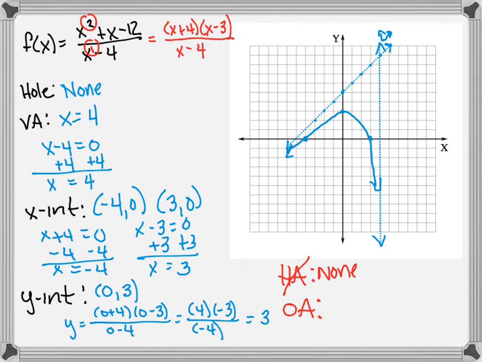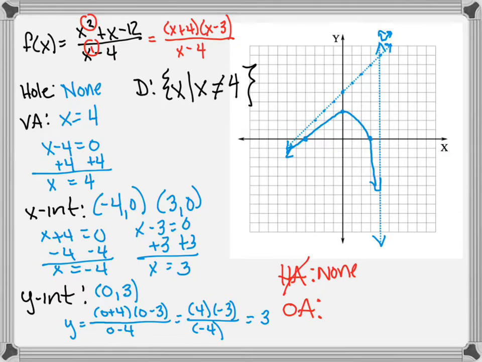And now we'll go through and identify our domain and range. So for our domain, the only x value that we will exclude is where we have our vertical asymptote at x equals 4. So the set of all x's such that x does not equal 4.